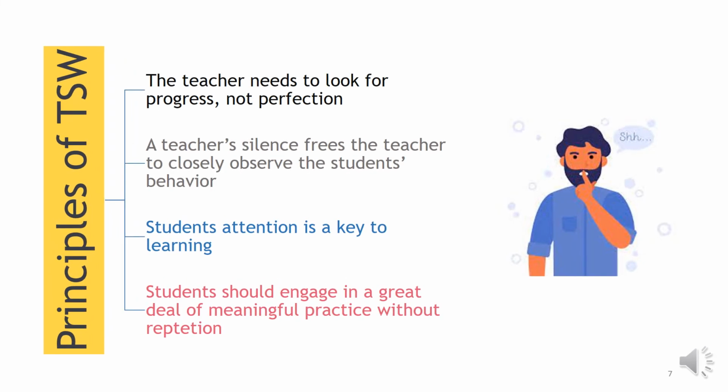Now the 17th principle is about this. At the beginning, the teacher needs to look for progress, not for perfection. Okay, which is a very important point. You have to progress in your work, not to make it perfect.